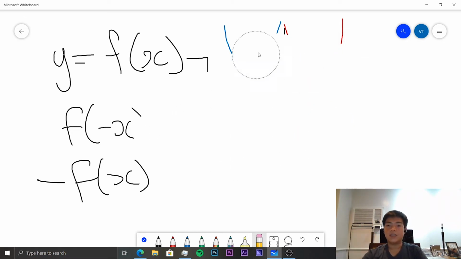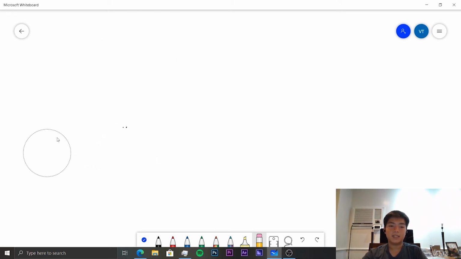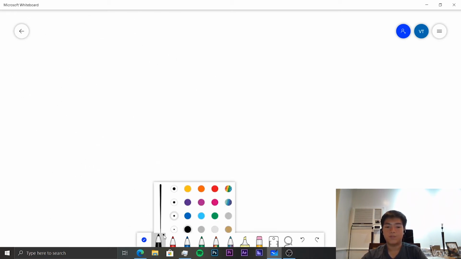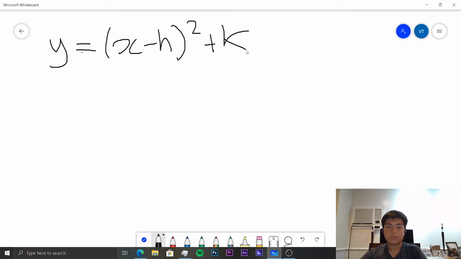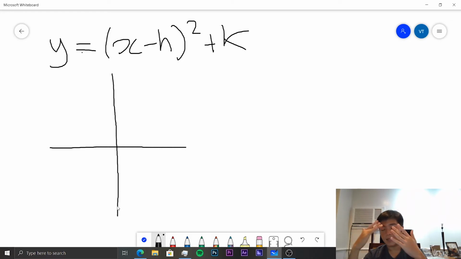Now, the next thing we need to cover is going back to our old friend, the vertex form. We can express y is equal to (x minus h) squared plus k. We can represent movements in the function by changing the parameters h and k, and the other way around, we can deduce from the new values of h and k what the new function is.